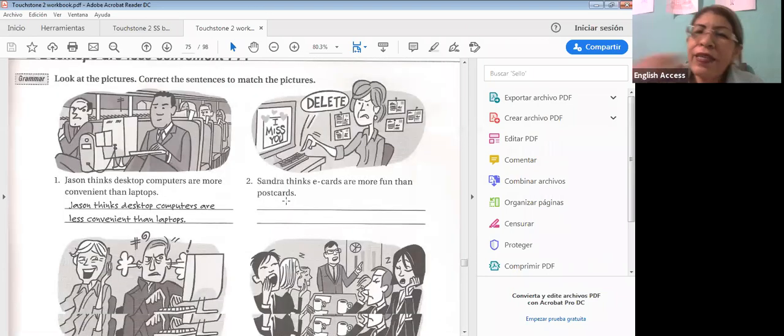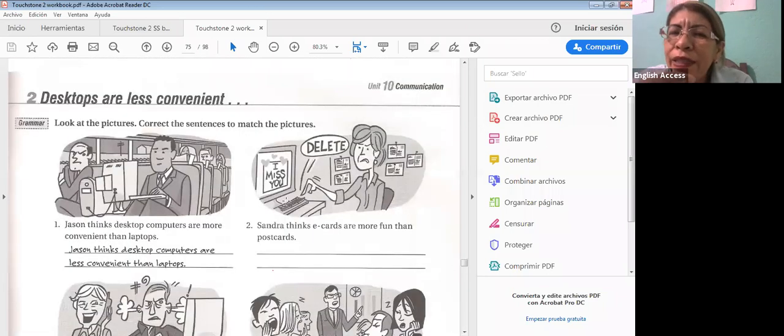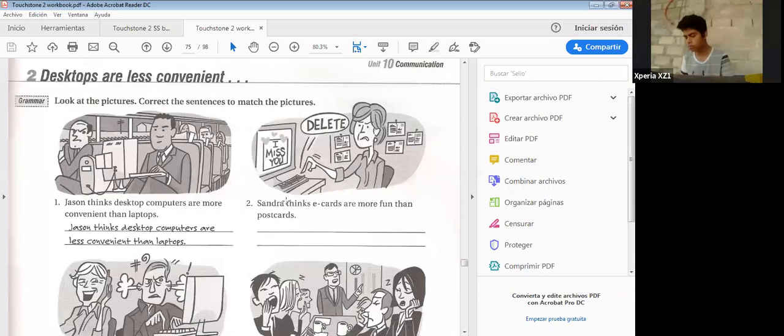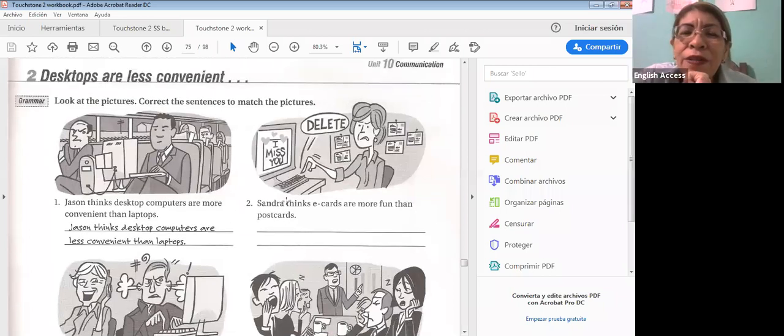Okay, so let's see. Number 2, we have desktops are less convenient. But here we're going to compare. We're going to do it together. It says, look at the pictures and correct the sentences to match the pictures.